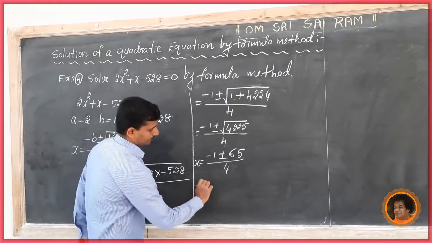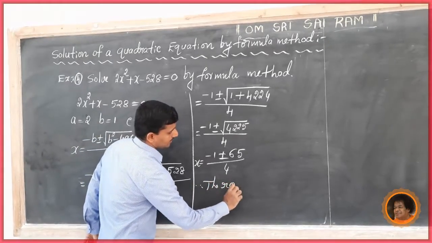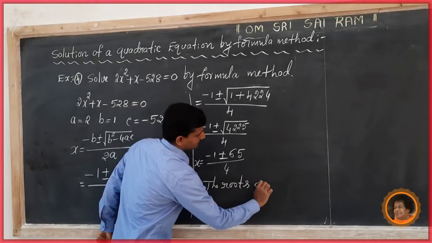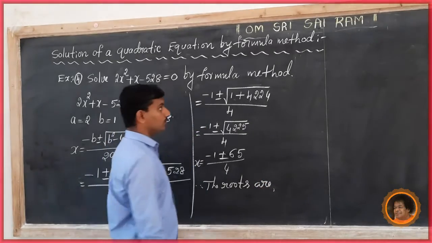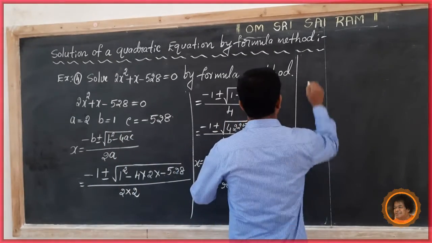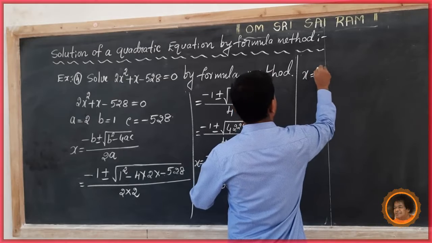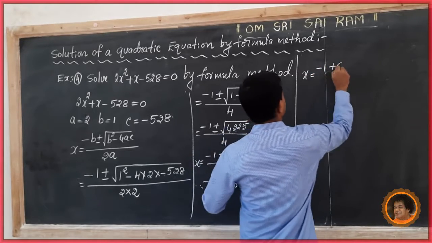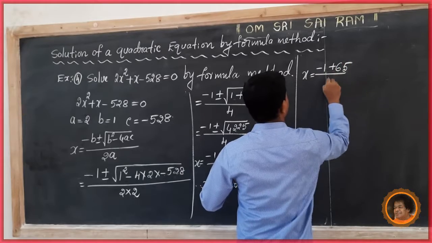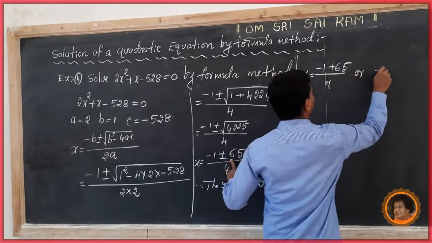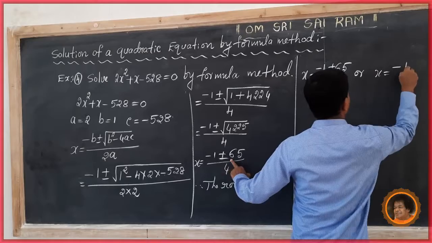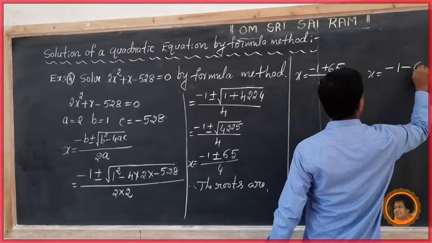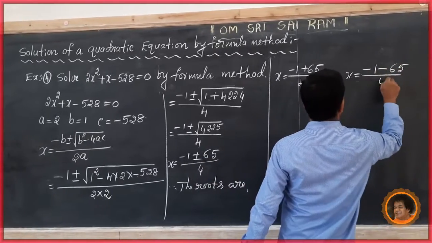So therefore the roots are x equals minus 1 plus 65 divided by 4, or one more root, x equals minus 1 minus 65 divided by 4.